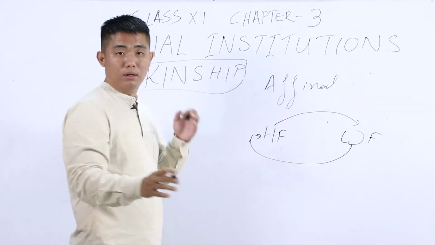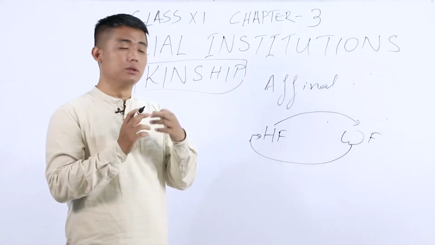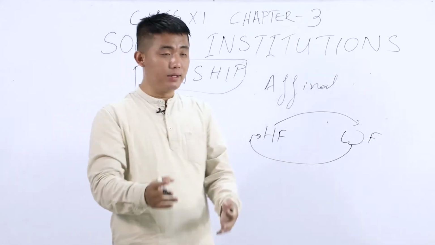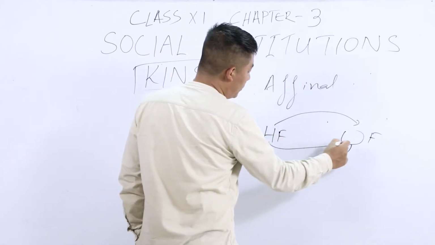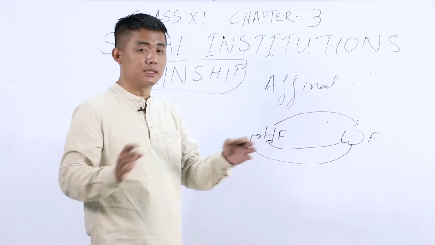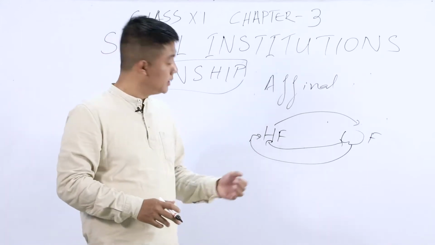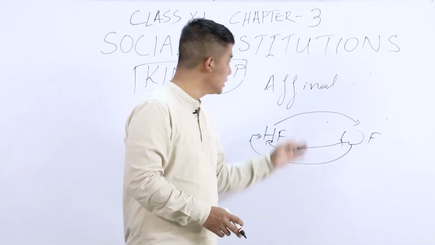So affinal kinship, the relationship which is built through marriage, is not just between the husband and the wife alone. I'm not saying that you don't have any relationship between them, yes, the relationship built through marriage is called affinal.